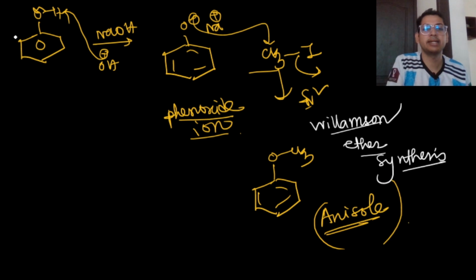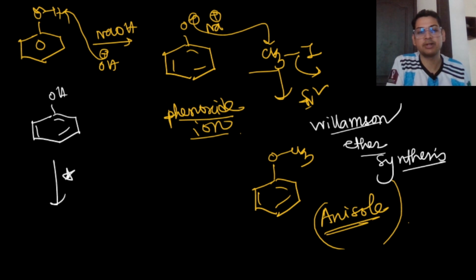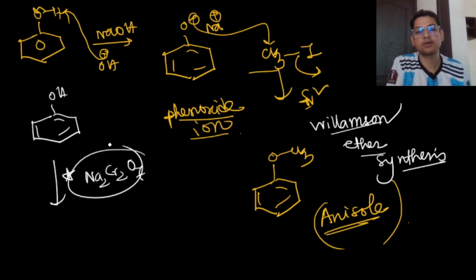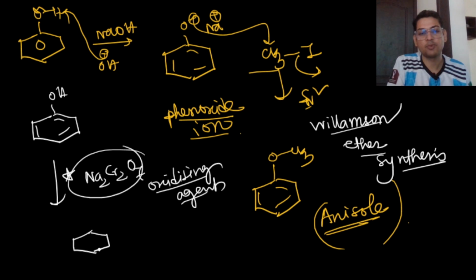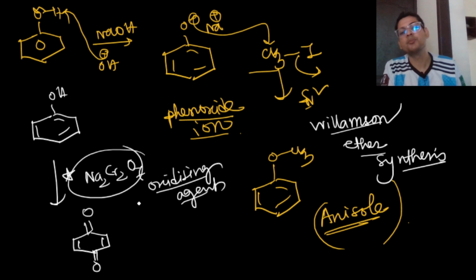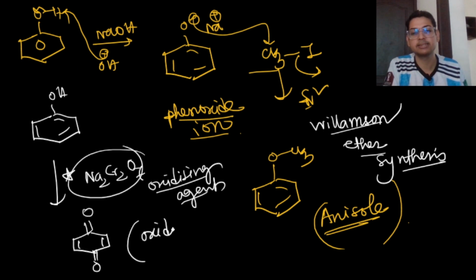Okay, there is another reaction we can do here. Phenol, if you react this with a very special reagent, Na2Cr2O7, an oxidizing agent, you will get this molecule, parahydroxybenzoquinone. It's an oxidized product.